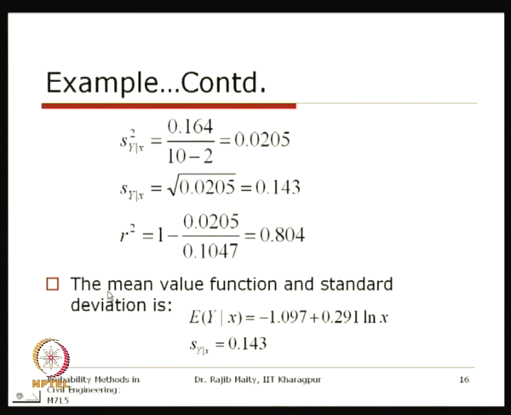Finally, the equation we get, the mean value function: expectation of y given x equals minus 1.097, the estimate for alpha, plus 0.291, the estimate for beta, times log natural of x. The conditional variance given x is constant, and the conditional standard deviation given x is constant, equal to 0.143. The r square we got is 0.804, so 80.4% of the variability has been explained through this model.